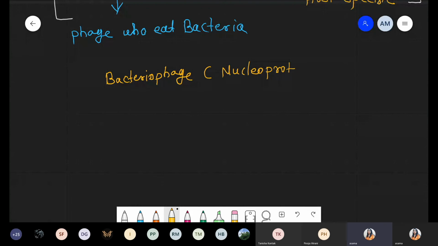The part nucleo means what? Nucleic acid, and the other part is protein. The virus, that is bacteriophage, consists of nucleoprotein. So I just try to draw the structure of that nucleoprotein. So this is the structure of the bacteriophage head portion.